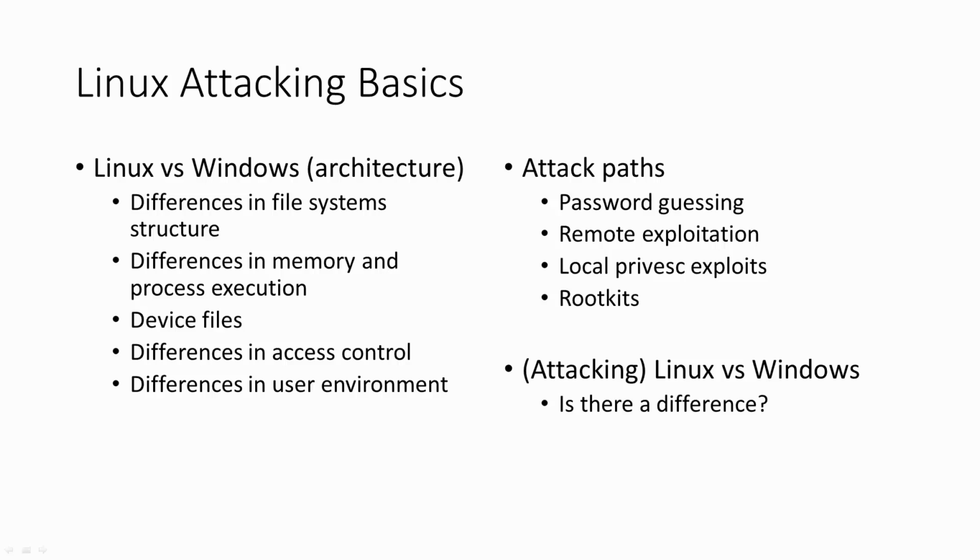So what are the main differences? First of all, the file systems are slightly different. In Windows you see these drive letters that are the start of the directory tree of a file system.